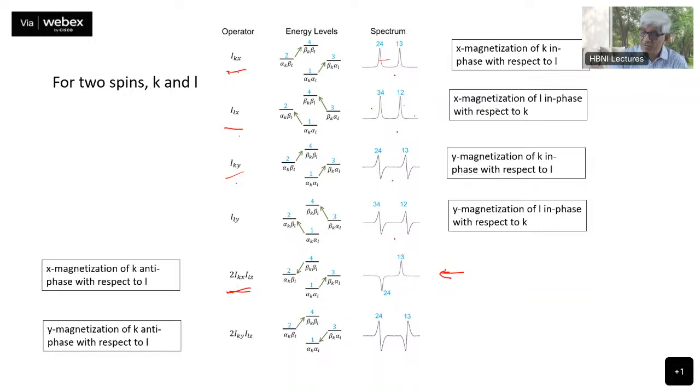Okay, now it is clear: when you say here, this is in phase with respect to L. Here, when ILZ is present, it is anti-phase with respect to L. So if I have such a term in my density operator, I get the spectrum which is like this. 1, 3 is positive, 2, 4 is negative. Now similarly, if I have 2 IKY ILZ, I will have these two transitions 1, 3 and 2, 4. But now if 2, 4 is positive, 1, 3 will be negative.